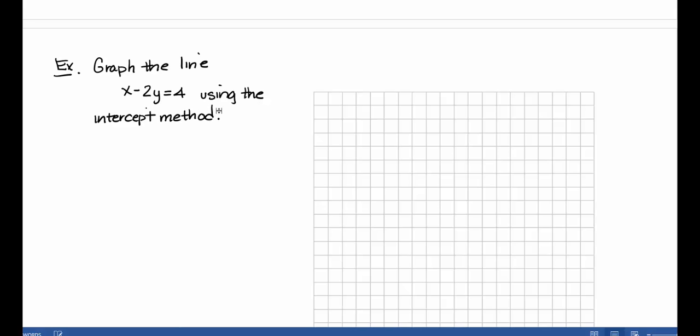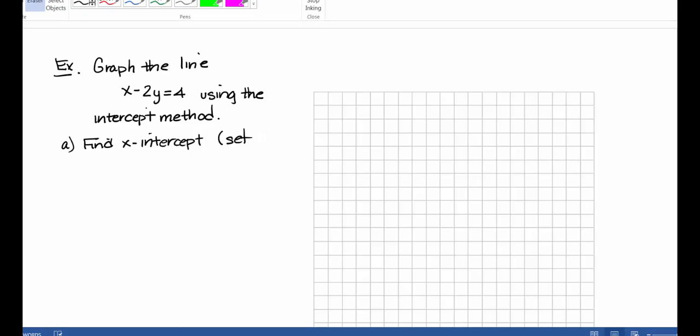Okay, so that means we're going to have to look for the x-intercept, look for the y-intercept, and then we're going to graph it based on those 2 points. All right, so the first thing we're going to have to do is find the x-intercept. And remember, to do that, we set y equal to 0 and solve for x.